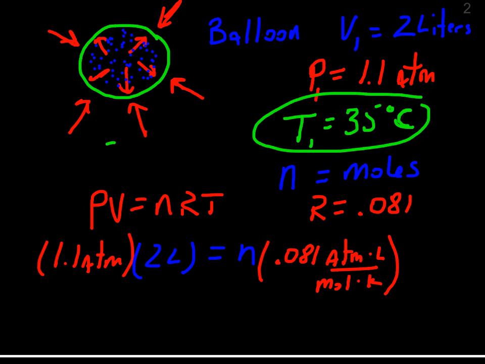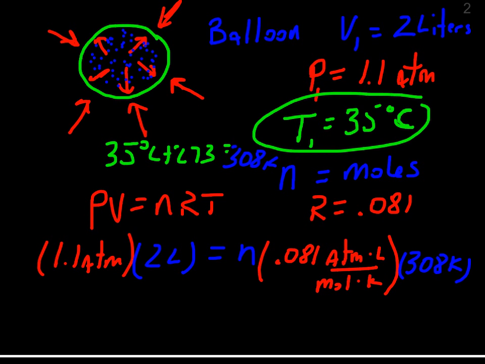So it's going to be 35 degrees Celsius plus 273, and 35 plus 273 is going to work out to be 308 Kelvin. Oops, change that, 308. So I'm going to put that down here. 308 Kelvin is my last factor.